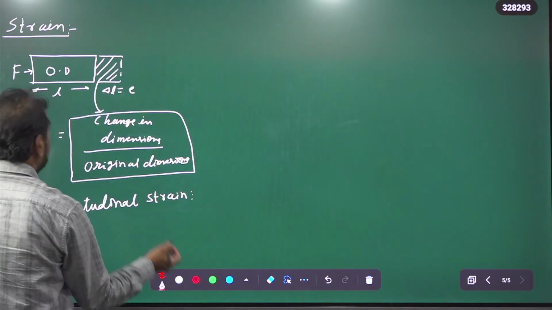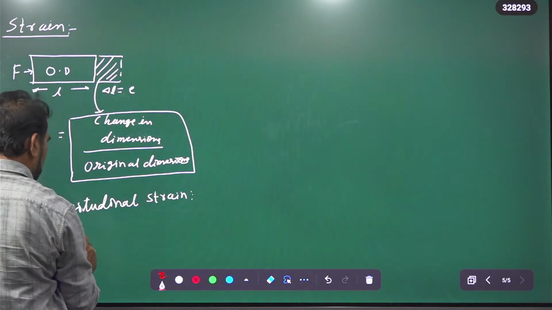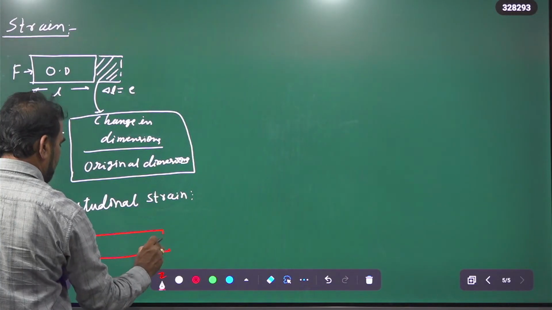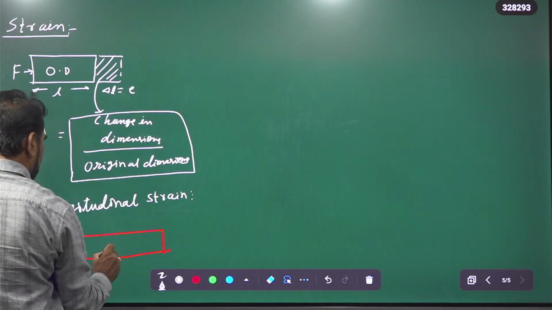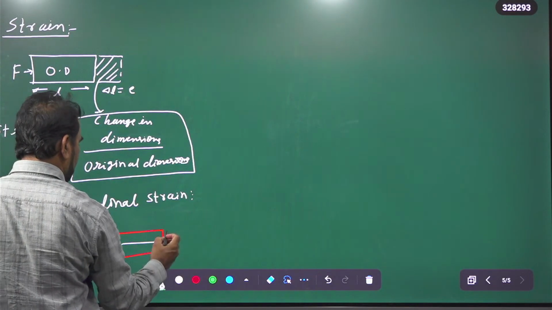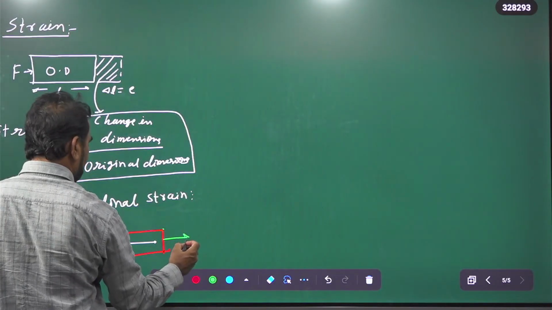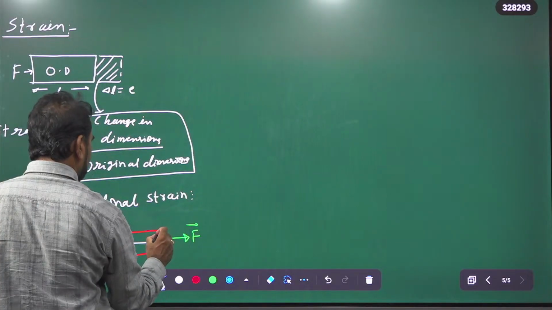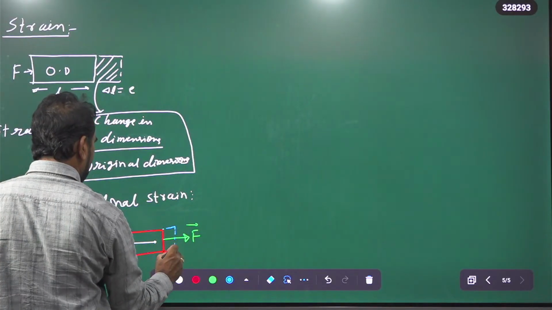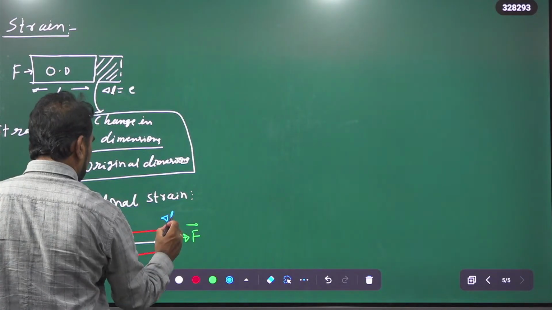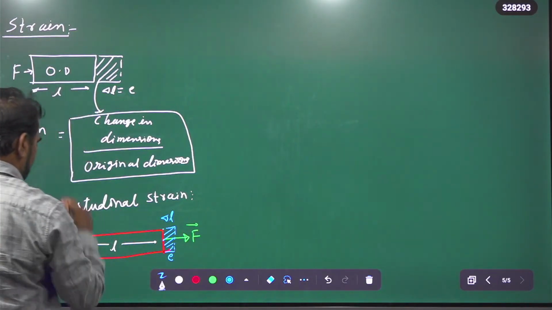See, suppose we consider the same rod. This is a rod. It has a length here. Suppose I apply some amount of force F at this point. Then it is elongated by a small length, delta L, or this is also represented by e.